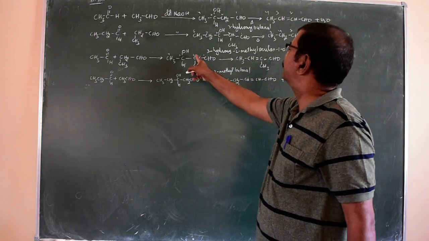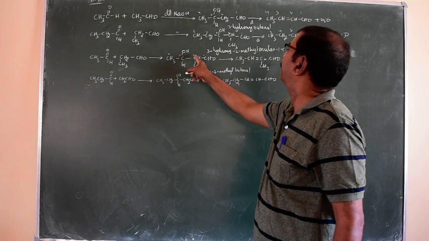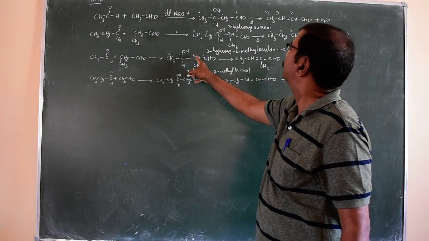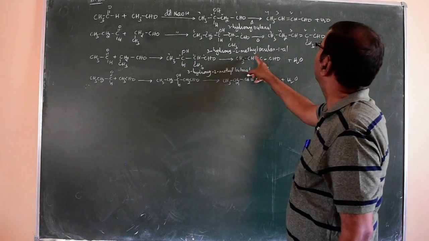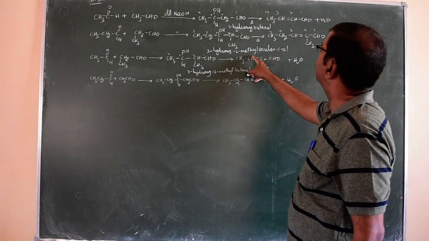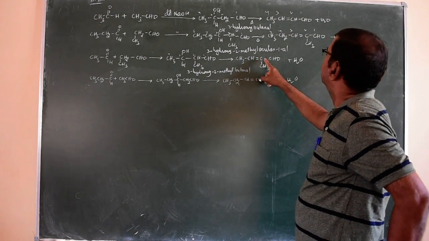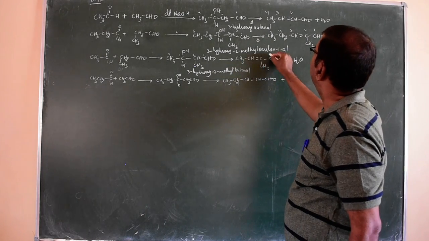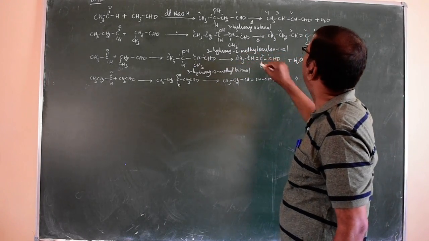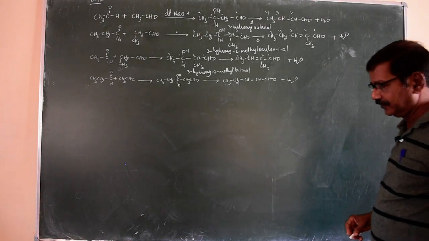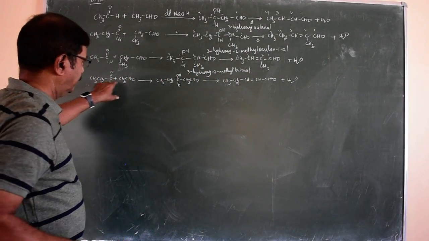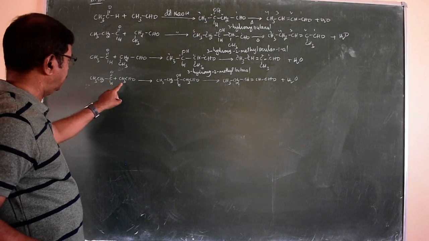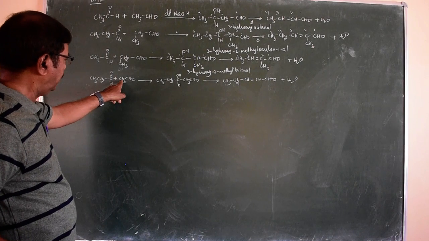Again, elimination takes place between the alpha and beta carbon. The alpha carbon is adjacent to the functional group CHO. So the name of the product, 1, 2, 3, 4, is 2-methylbut-2-en-1-al.